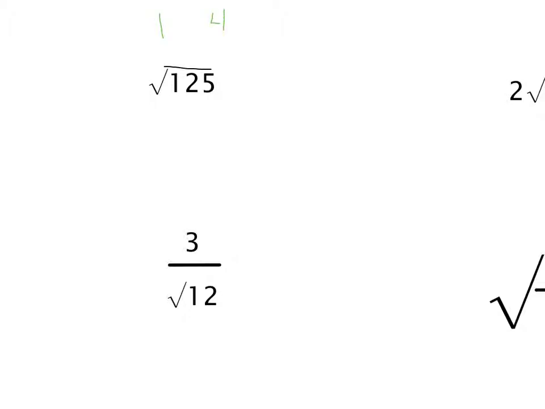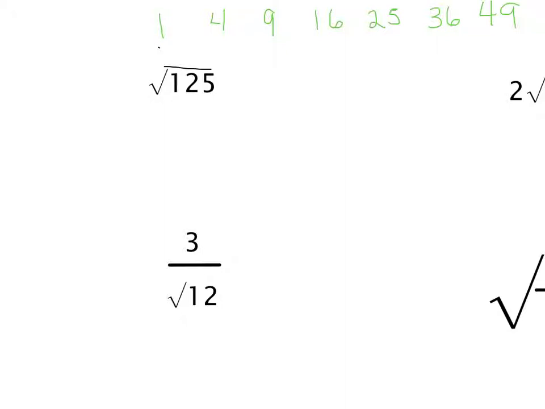So I like to write them: 1 squared, 2 squared, 3 squared, 4 squared, 5 squared, 6 squared, 7 squared. I like to give myself a nice list of the first couple, just so I can know what I can divide by.